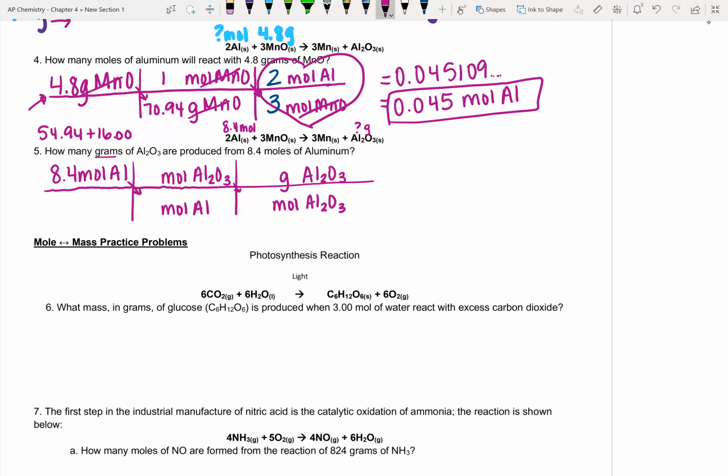To go back and get the numbers, I've got my mole to mole ratio here, or the heart of the problem. That number comes from the coefficients from the balanced equation. So in the balanced equation, there is 1 mole of aluminum oxide for 2 moles of aluminum.